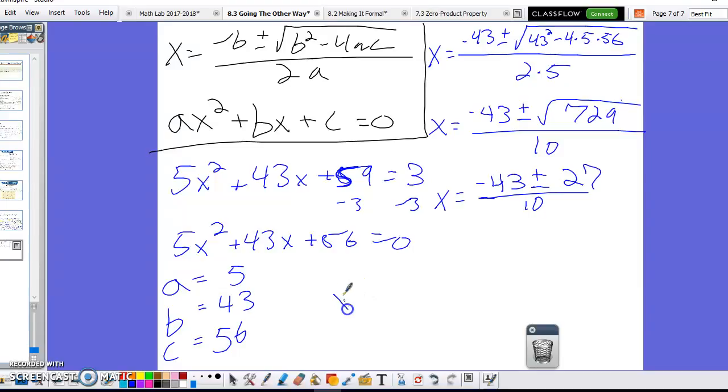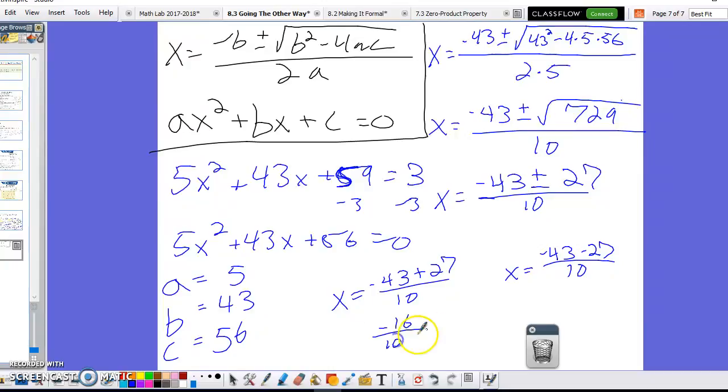Okay, so I got two answers. X equals -43 plus 27 divided by 10, and x equals -43 minus 27 divided by 10. Okay. So mental math, or do that in your head, however you'd like to go about it. This one I get negative 16 over 10, which does simplify, I suppose, to negative 8/5.